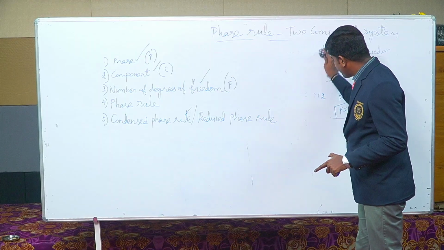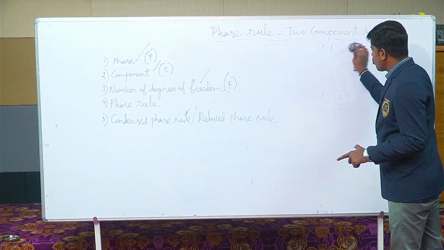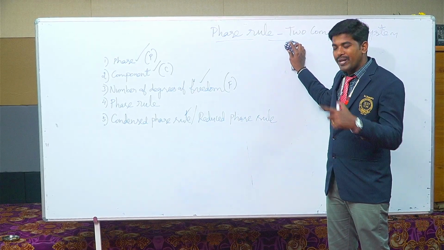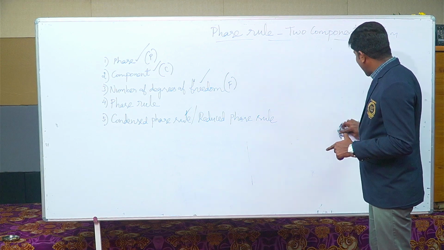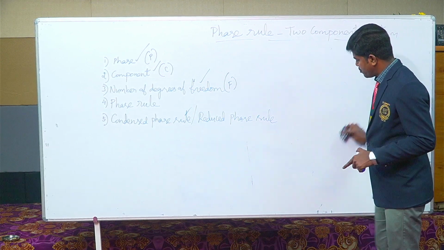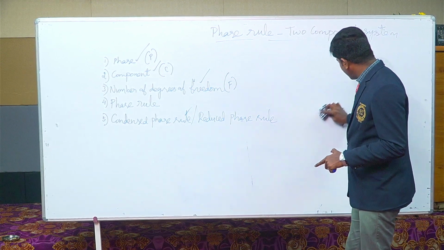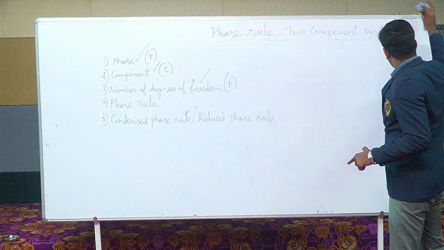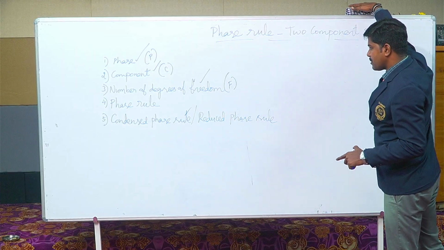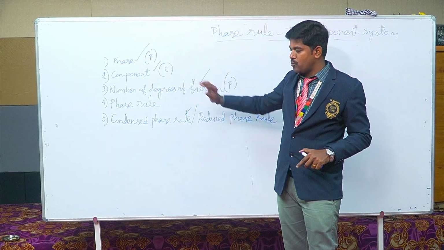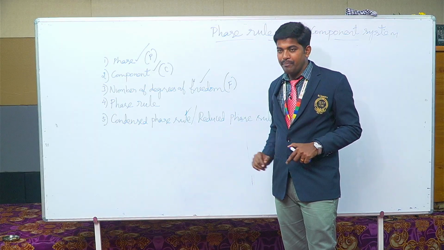But the reduced phase rule is applicable for two component systems, which I am going to explain here. So you need to listen carefully to what is meant by the reduced phase rule. There is not much difference between the phase rule and the reduced phase rule; it is a simple modification of the phase rule. The name itself has the meaning.